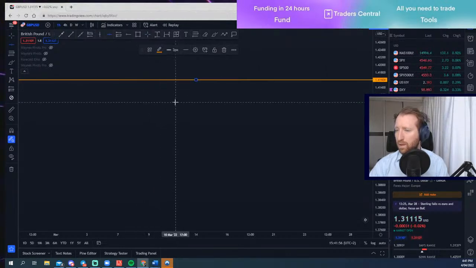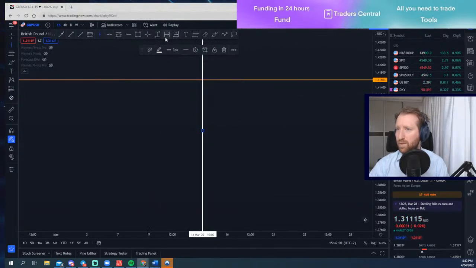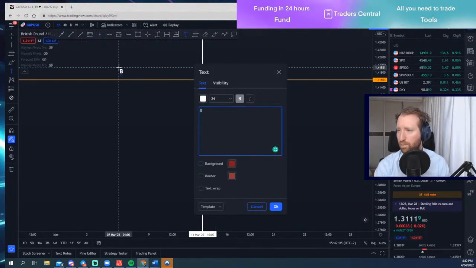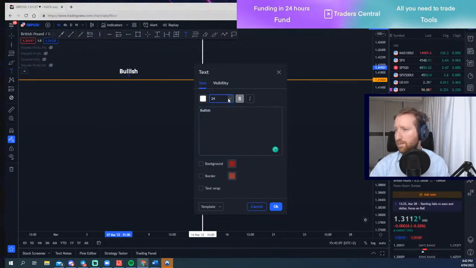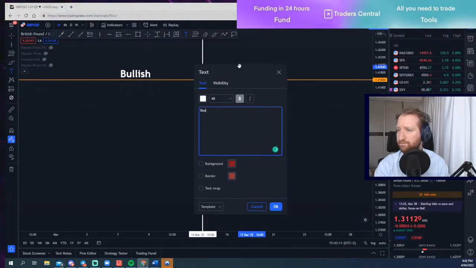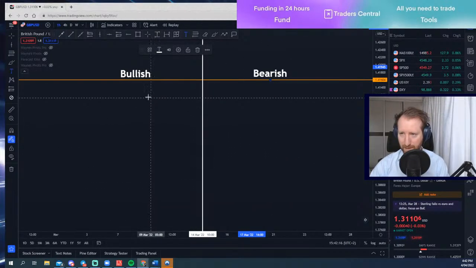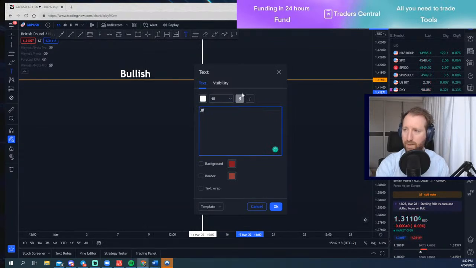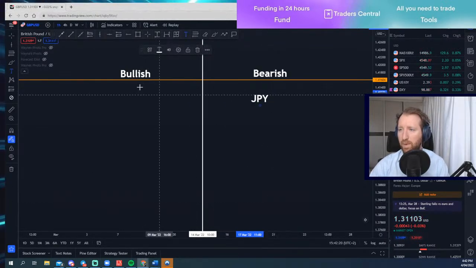Weekly outlook, and then we're gonna go with bullish, bearish. This is currencies, right? So in my belief, I believe yen is going to be bearish for April.